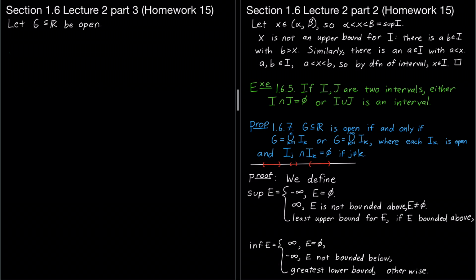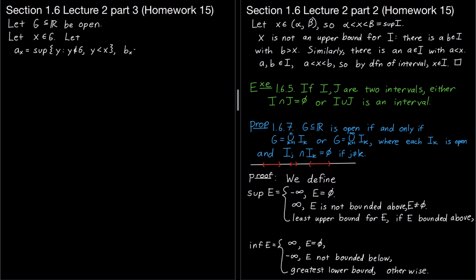So let X be an element of G. And let's define A sub X to be the supremum of the set of all Y such that Y is not in G and also Y is less than X.